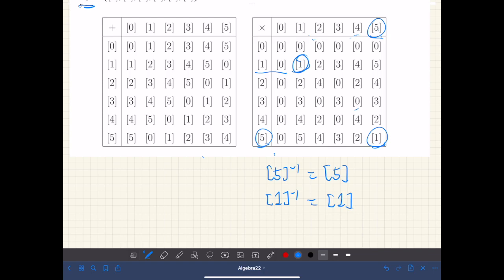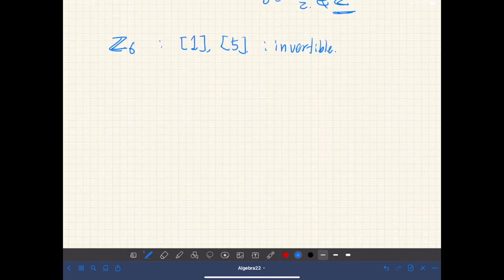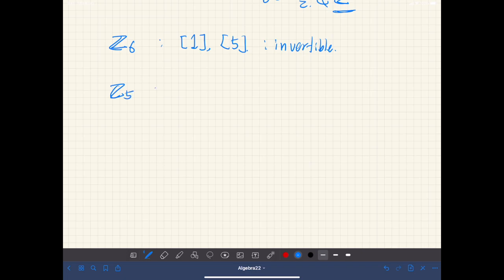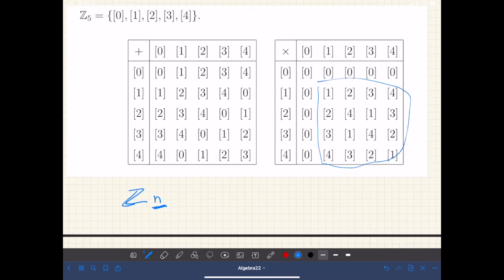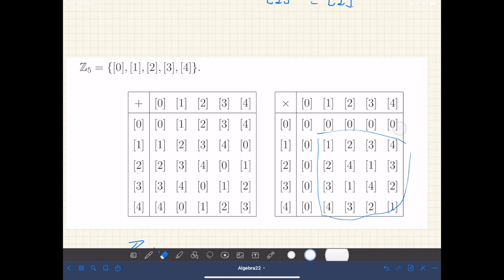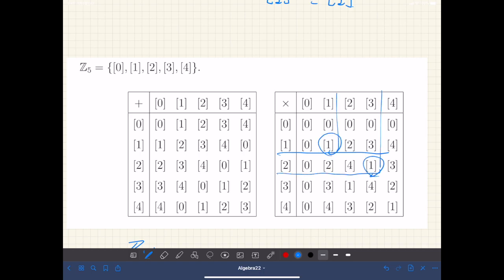And in the case of Z5, all non-zero elements are invertible. Let's see. From this table, 1 times 1 is 1, 2 times 3 is 1, 3 times 2 is 1, 4 times 4 is 1.